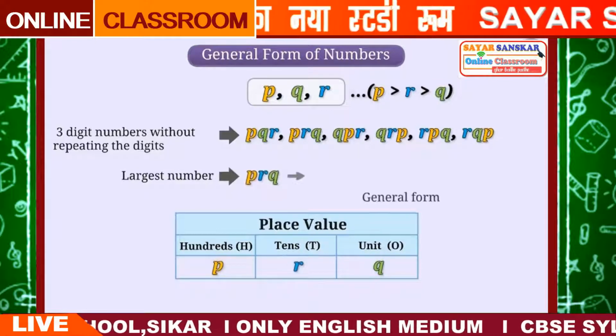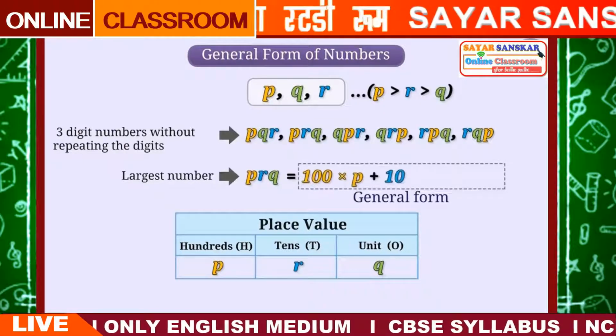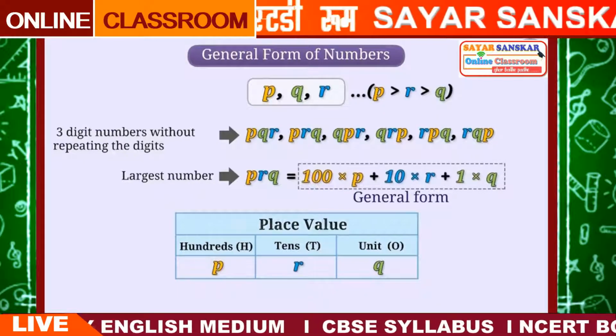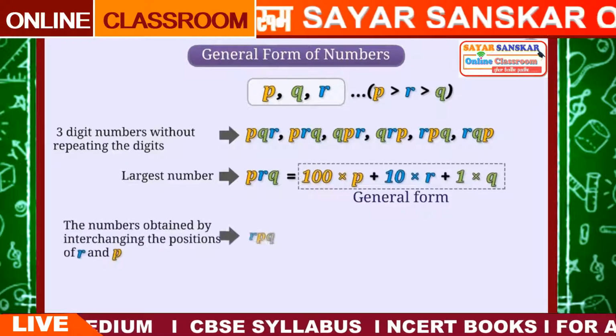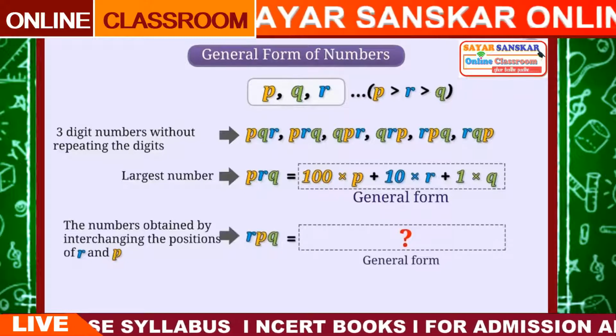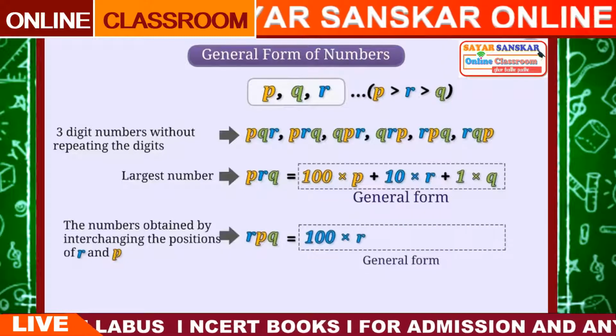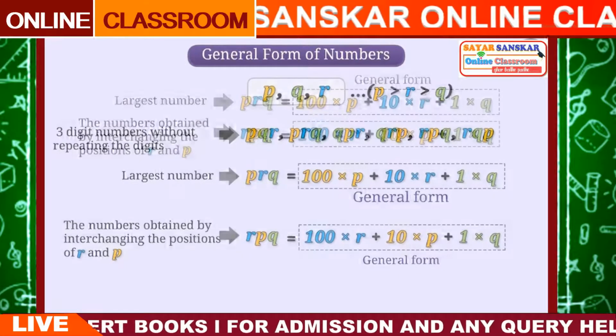We interchange the positions of p and r and write the general form of the number RPQ thus obtained. Think for a while. We can write its general form in this way: 100 into r plus 10 into p plus 1 into q. To find the difference between these two numbers, we will subtract the smaller number RPQ from the larger number PRQ.